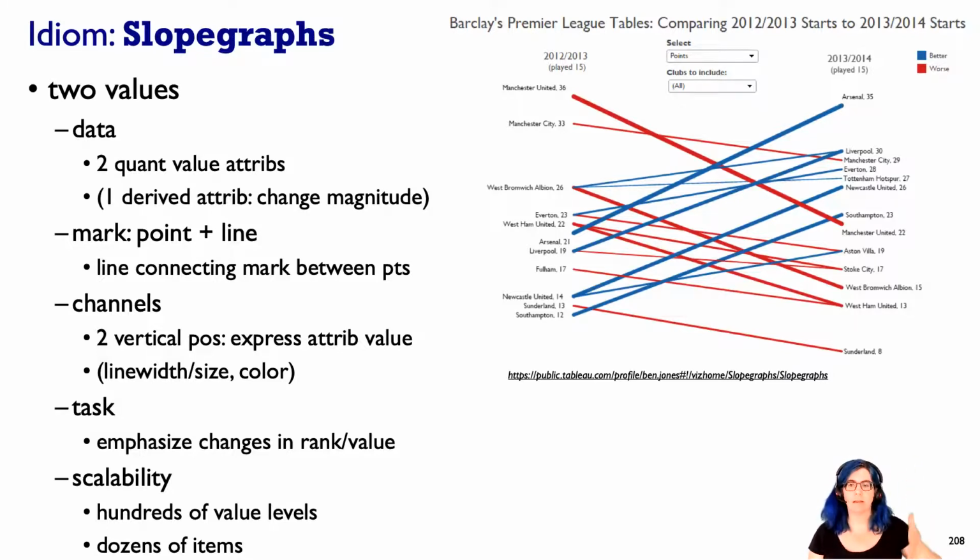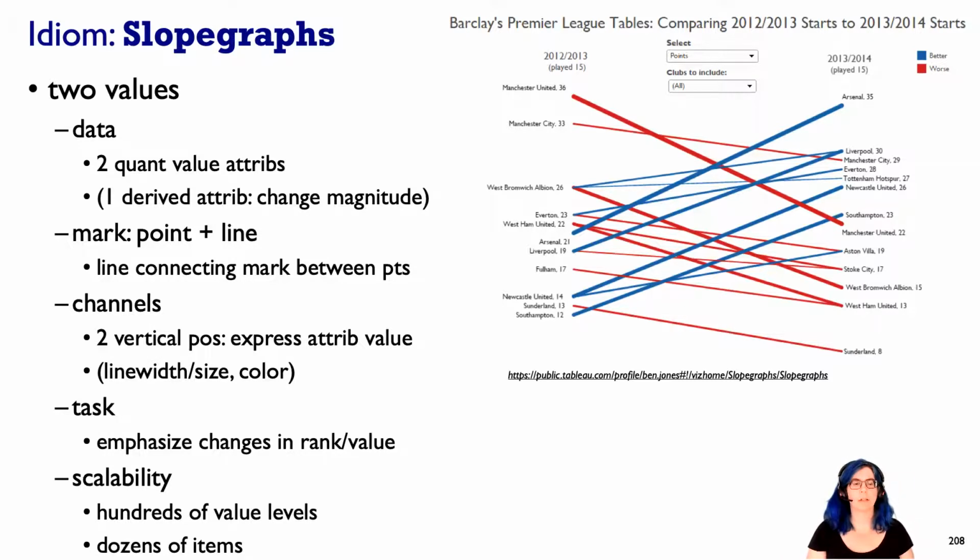That magnitude of the change is something that we're able to see because we have these point marks for these absolute numbers, and then we have a connecting mark. So these lines connecting these two axis values are emphasizing these relationships.